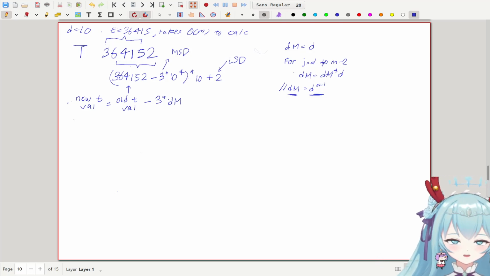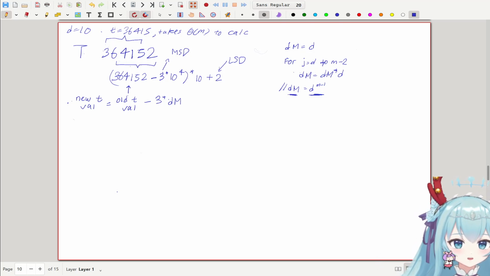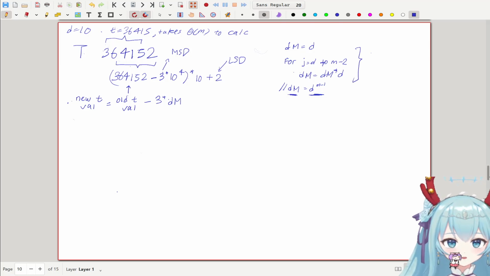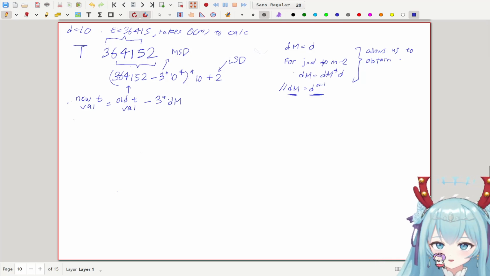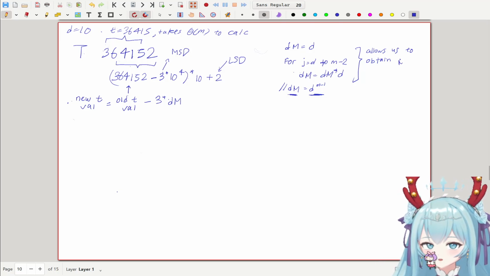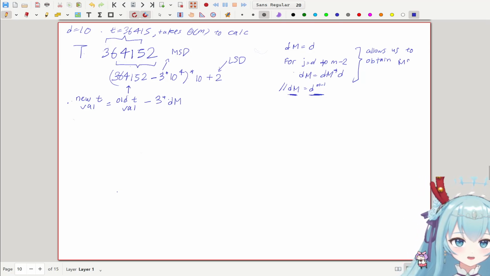So in this case, what this code over here allows us to obtain is the most significant power.